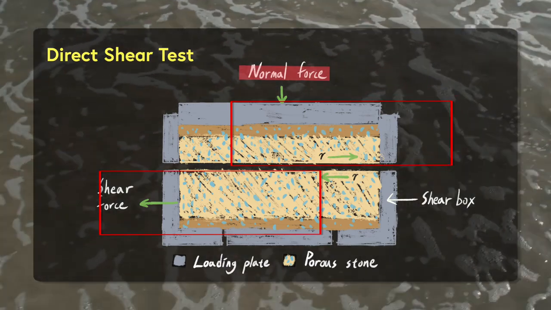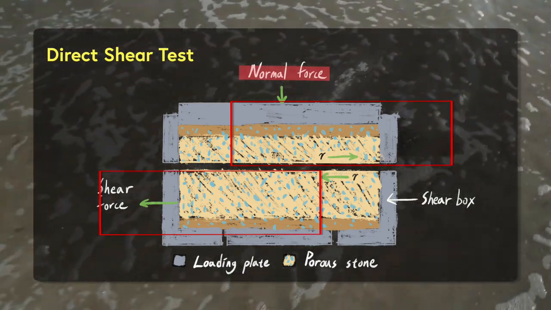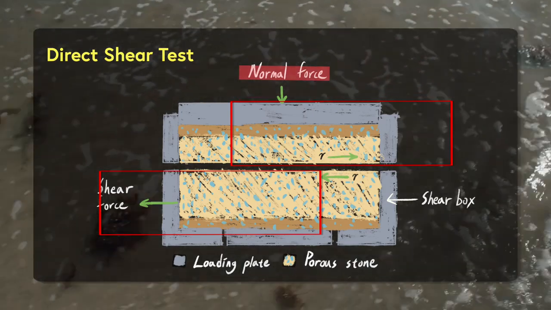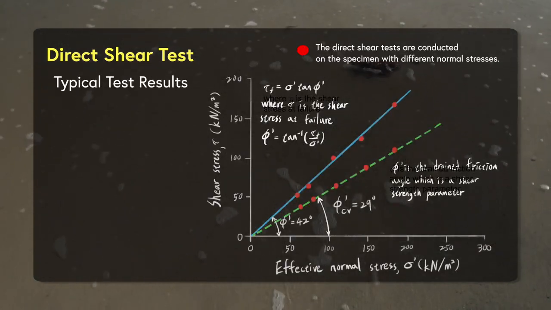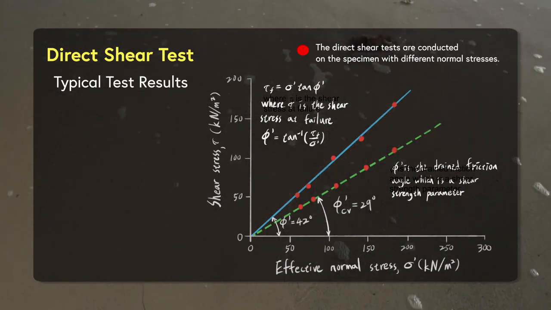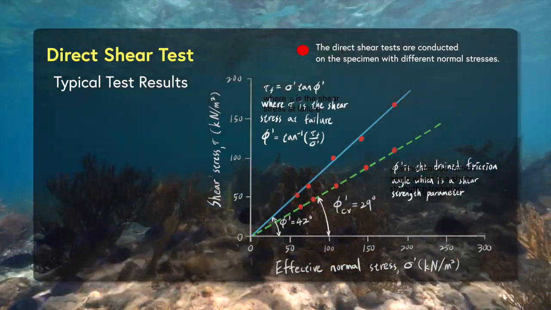For the direct shear test, since we cannot control the drainage of the soil specimen, the test is basically considered as a drained test. For clay material, as mentioned previously, the hydraulic conductivity is very small. So when we perform a direct shear test on clay material, we will have to perform the test very slowly, such that we will not have any excess water pressure generation.